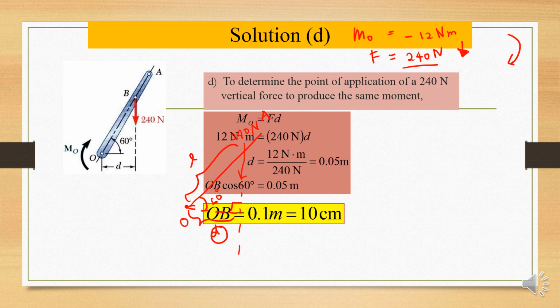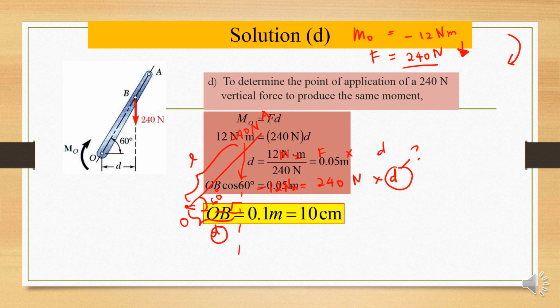Moment equals F times D, and F in this case is 240 Newton and the moment is 12 Newton meter. The D is the value that we are looking for. We don't know the D value. Can we get the D value?